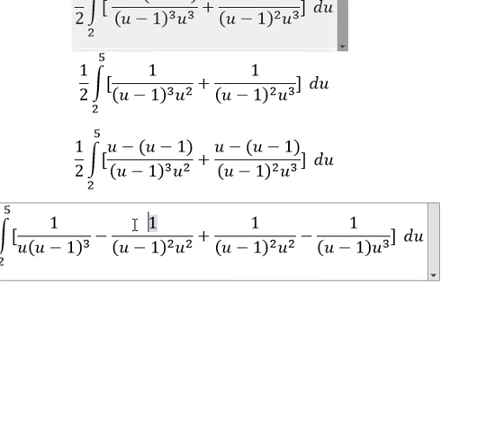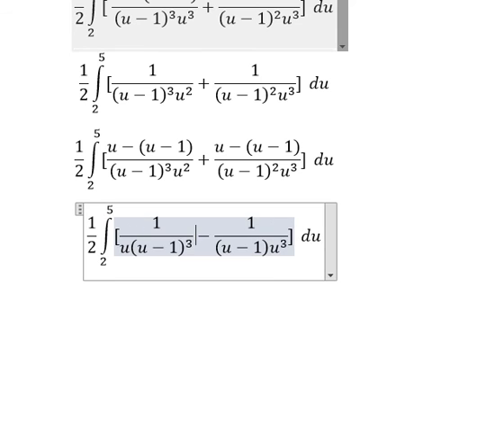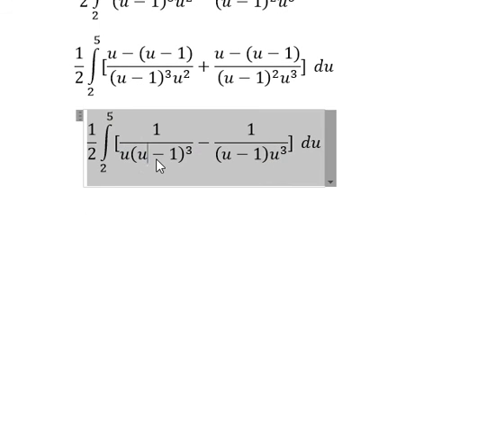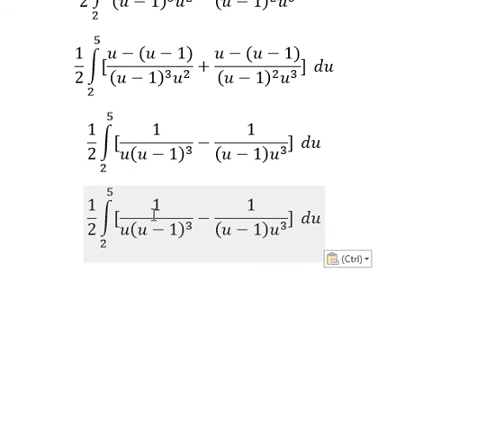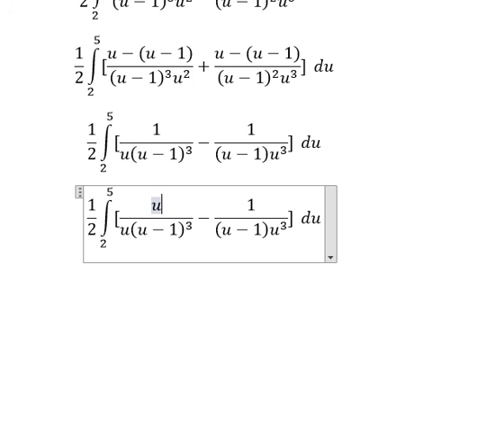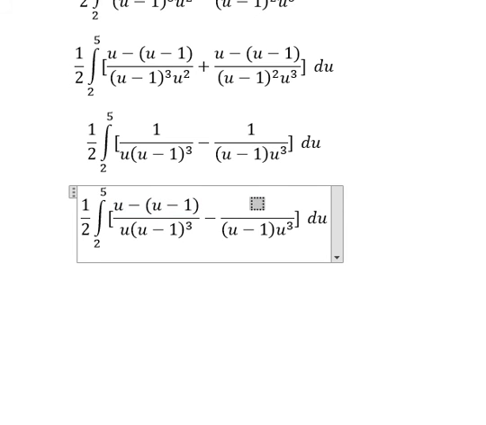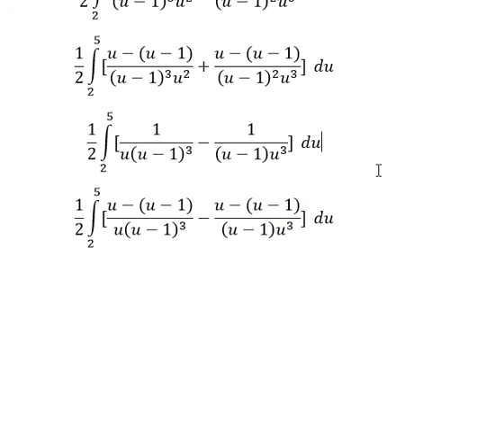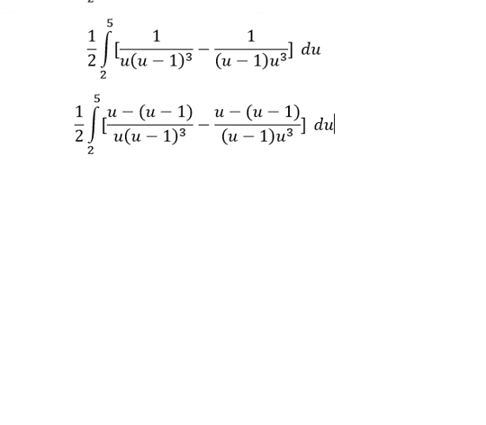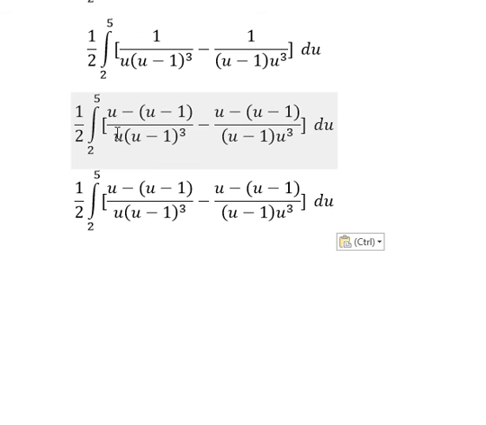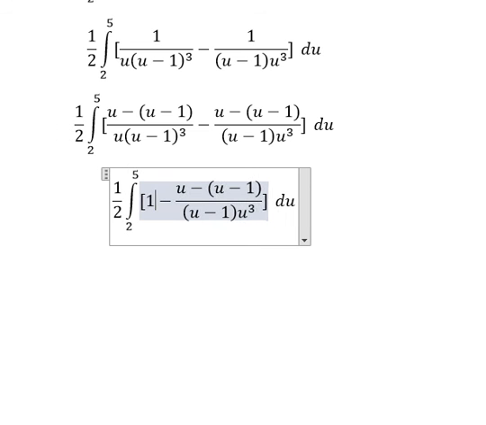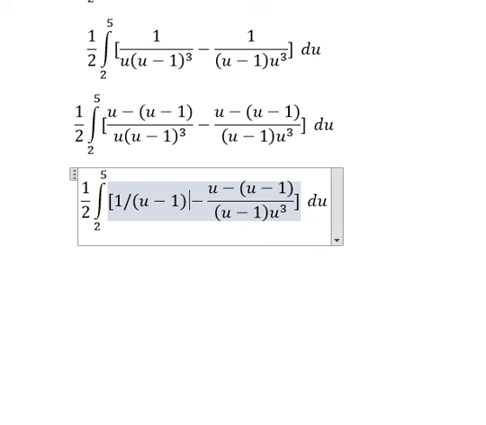As you can see, this one and this one are the same, so they will cancel. Now we continue using u minus 1. So this one we have u divided by u, you get 1 over u minus 1 to the power of 3.